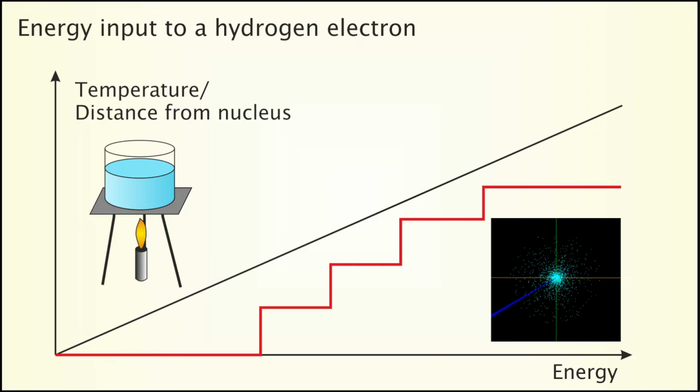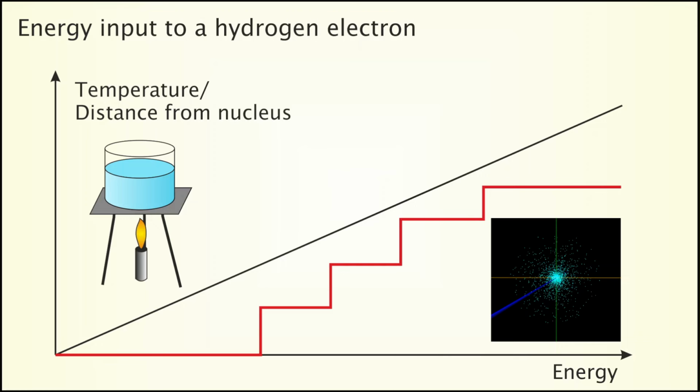When you increase the energy you add from 0 to a certain amount, first nothing will happen. The electron will not accept the energy until you reach a certain value, and then the electron will accept this energy and take it up. We will see what happens to the electron in this case very soon.